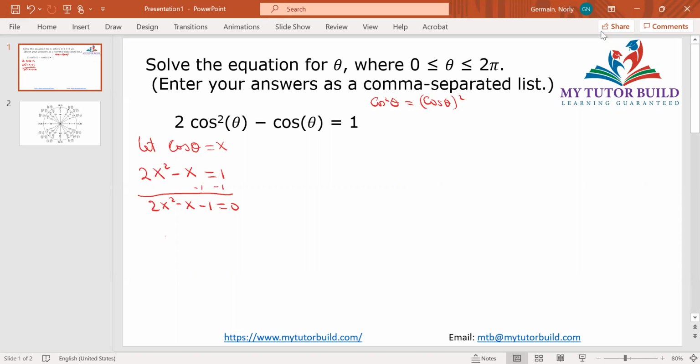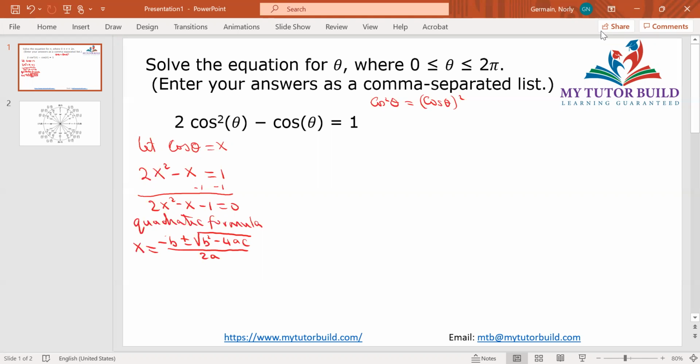If I use the quadratic formula, it says we can find the two values of x by using this formula: minus b plus or minus square root of b squared minus 4ac, remember that's the square root, over 2a.